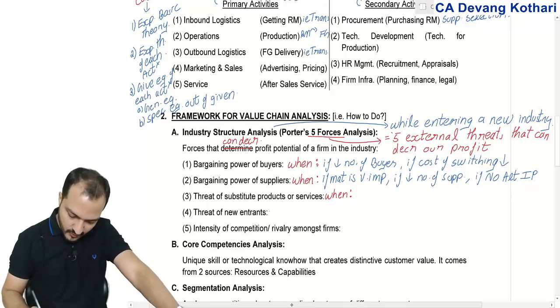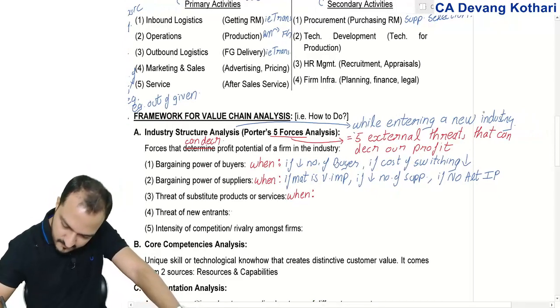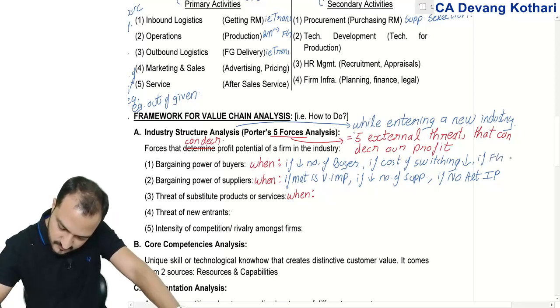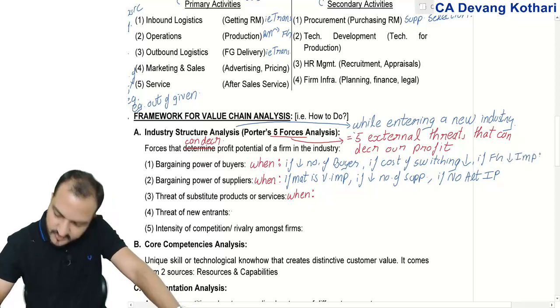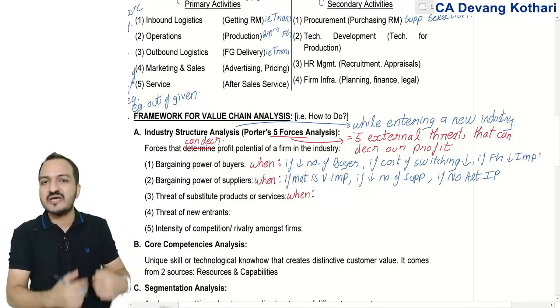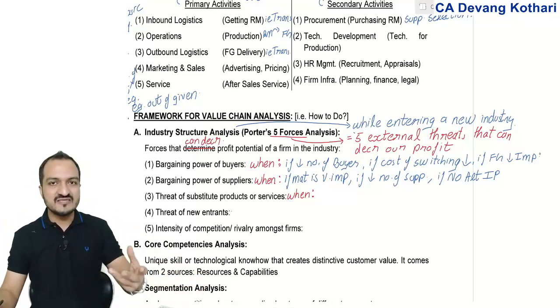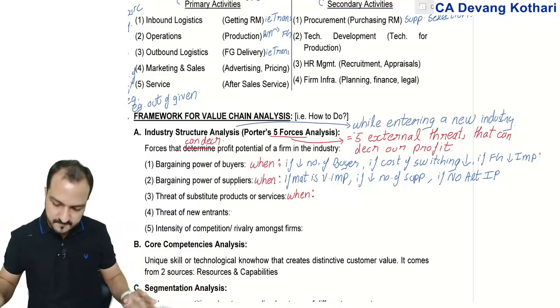In fact, if you want, I can mention that over here, which can probably help you. If the finished goods are less important for the buyer, then the buyer will have more bargaining power. He doesn't care because the goods which I am giving to him are not very important to him. Right? So if I increase the price, he can stop using those goods.